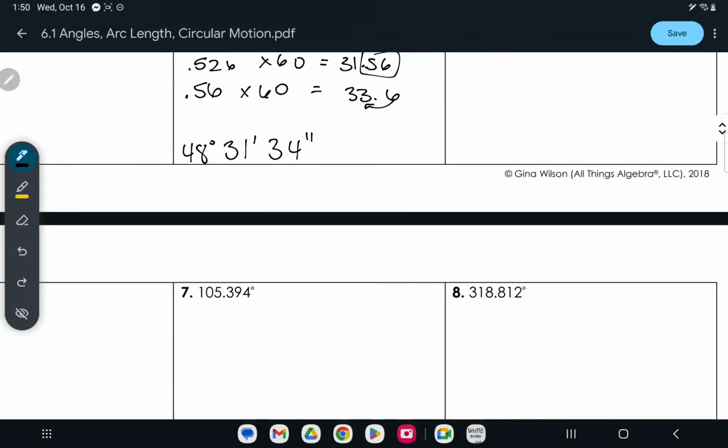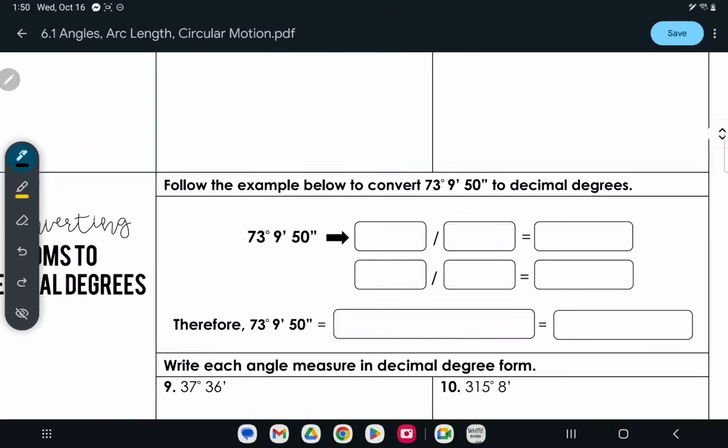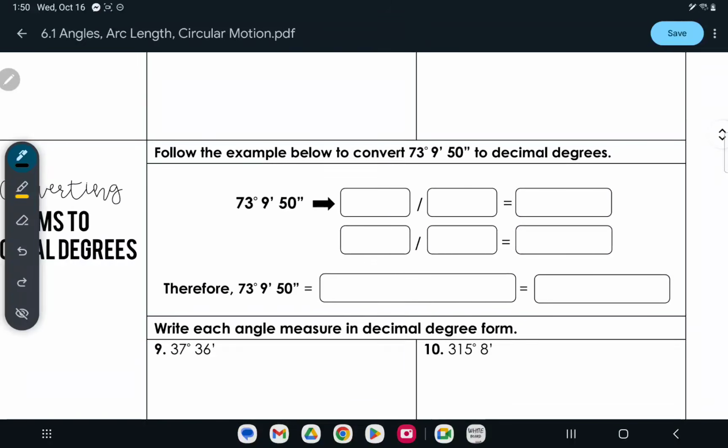So we could go the other way. If we were given it in that minute second notation, how could we get back to a decimal? So the 73 is the whole, and then this is out of 60, so 9 out of 60.